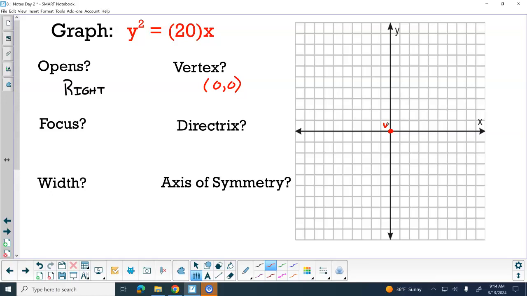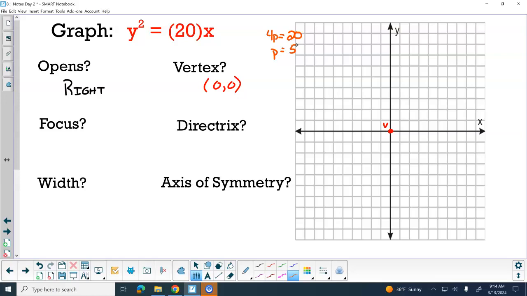Next, step number 3 said we needed to find our p-value. What is 4p equal to? 4p is equal to 20. So what is p equal to? 5. Okay. So the distance to my focus is 5. The distance to my directrix is 5.